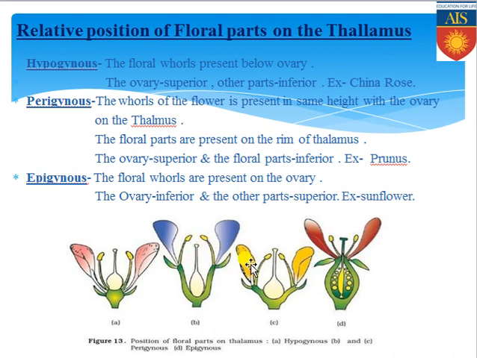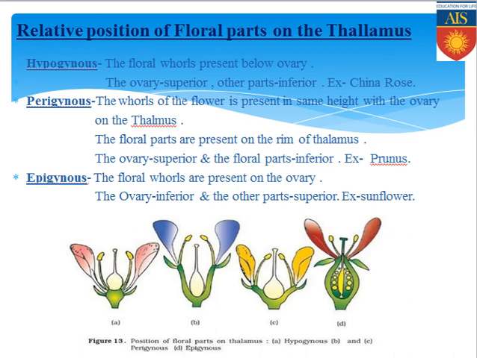But these two types of arrangements are considered perigynous. But if you see this one, you can understand properly that the other floral parts, calyx, corolla and androecium, are coming from the upper portion of the ovary, and the ovary is inferior. So these are the three types of flowers based on the relative position of the floral whorls, and according to that we have made the epigynous, perigynous and hypogynous flower categories.